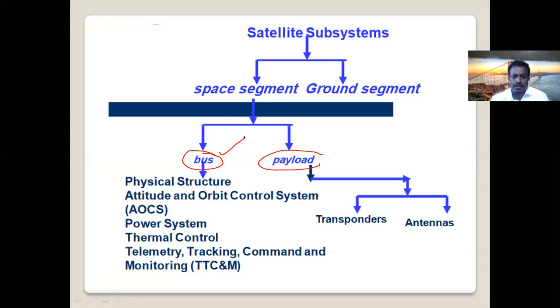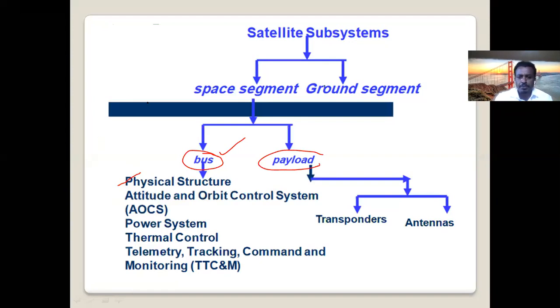They are designed and put in place to provide supportive functions like physical structure, control purposes, controlling the attitude, controlling the temperature, power system, and all these supporting structures. We classified them as bus.